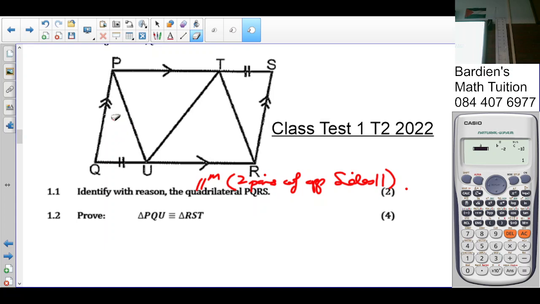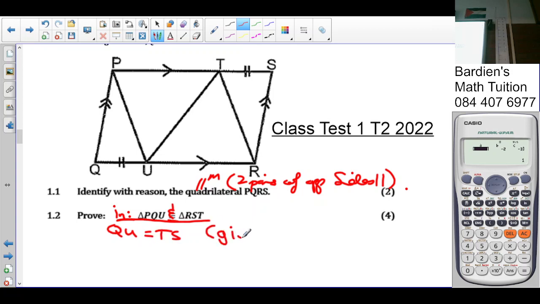We first say, in triangle PQU and triangle RST. So what do we say first? So QU is equal to TS. Why? Given. Okay? And then angle Q is equal to angle S. Why?